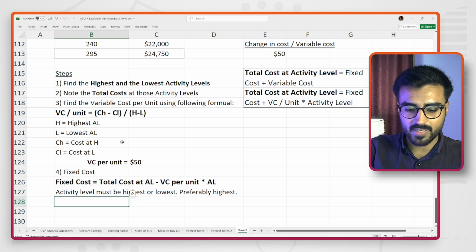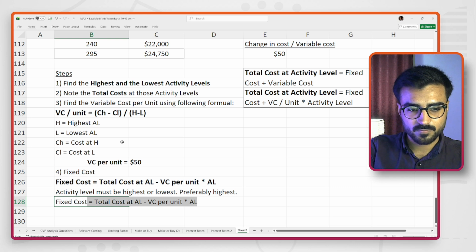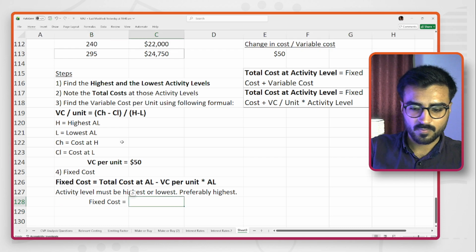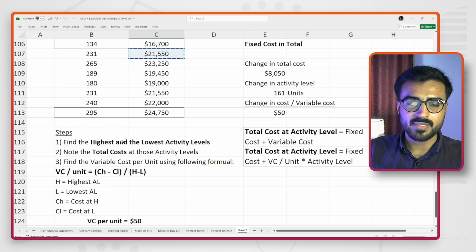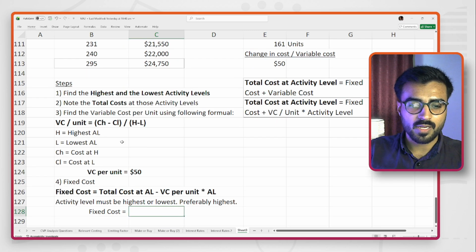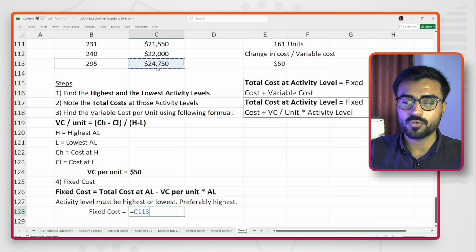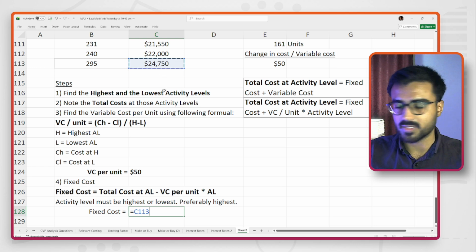So let's find the fixed cost. We'll take the highest activity level. What is the formula for fixed cost? Total cost at the activity level, meaning the highest activity level. At the highest activity level, the total cost was $24,750.